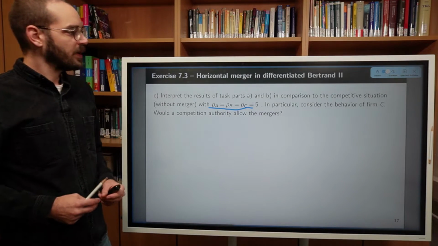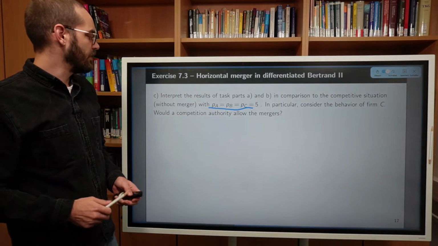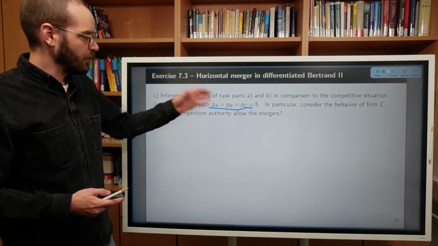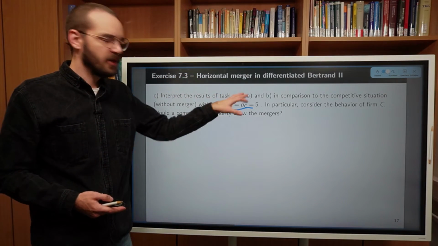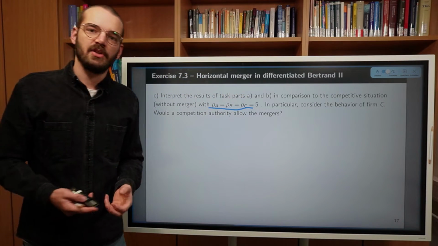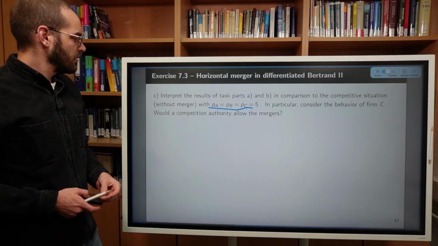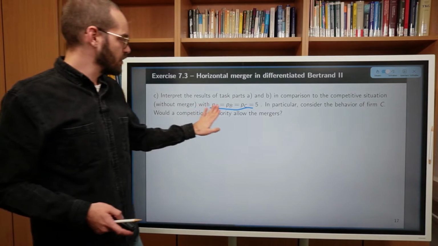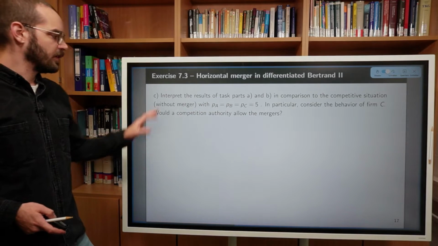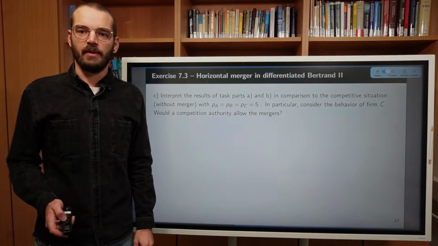In particular, we are asked to consider the behavior of firm A when moving from the situation under A towards the situation under B. And then finally, we are asked to assess whether a competition authority would allow the merger.